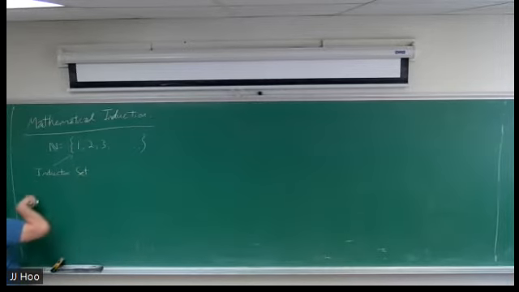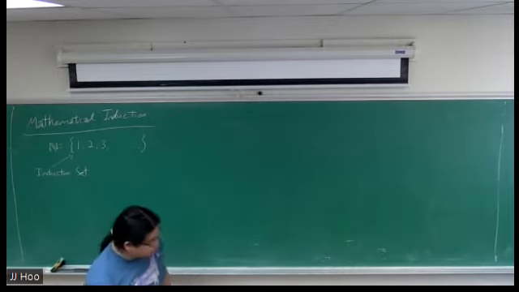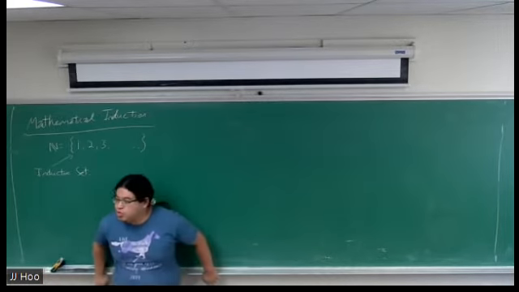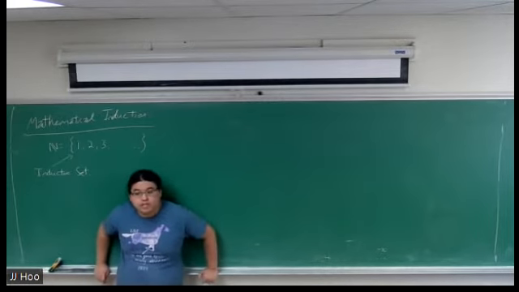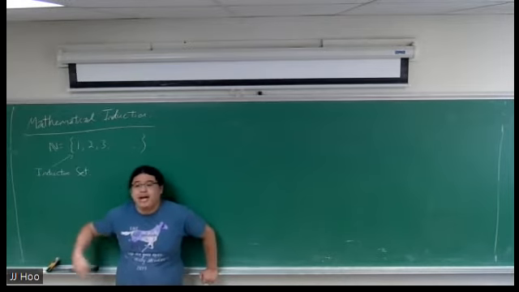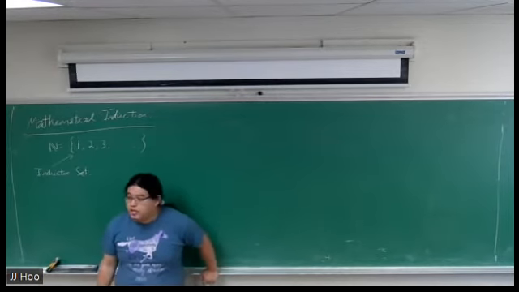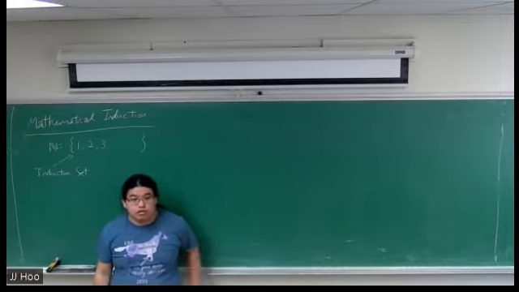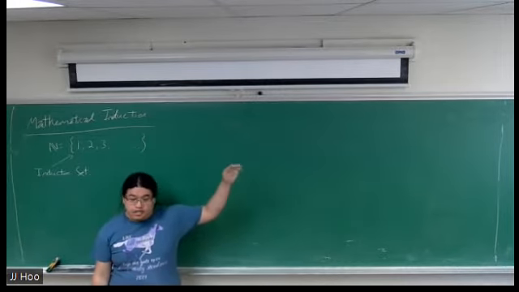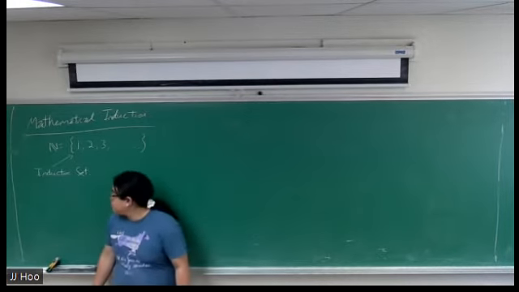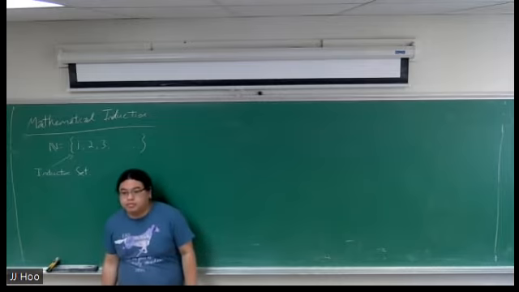I'm not going to go fully into the details about what exactly an inductive set is. For those of you who are interested, we talked about the Zermelo-Fraenkel axioms in set theory. There's an axiom of induction, or axiom of infinity, as some people call it. It's very strongly related to the method by which we constructed the natural numbers, and you can look up what it means to be an inductive set.